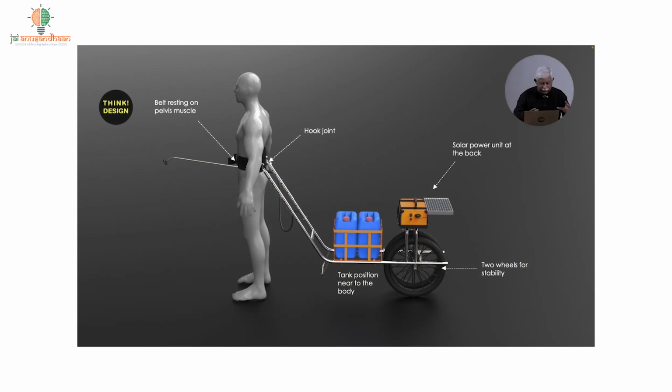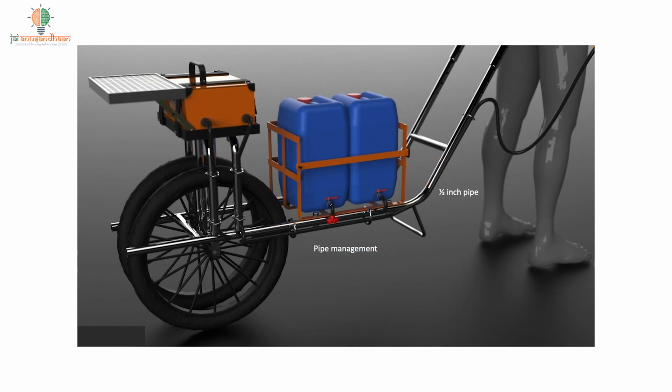So this is a little more detailed version of it. You can see the hook joint for connecting it to your body, and that's the tank position. You can see where the solar panel is, and he's used 2 wheels for stability. Another detail is the pipe management, so you can shift it a little bit here and there.